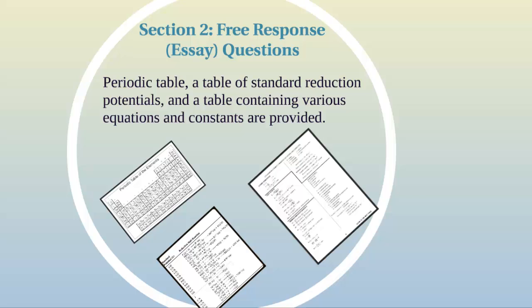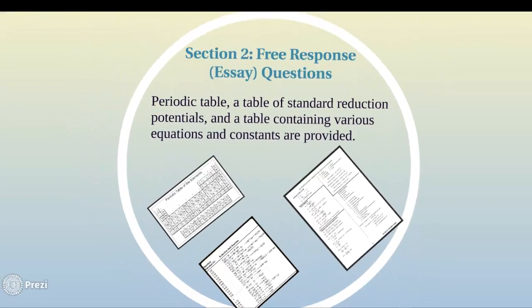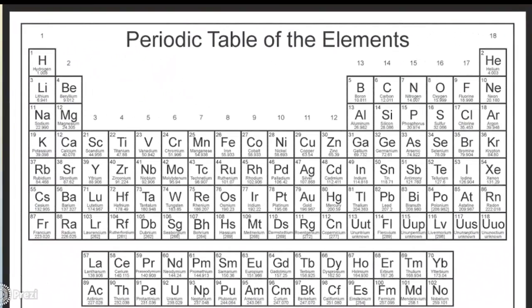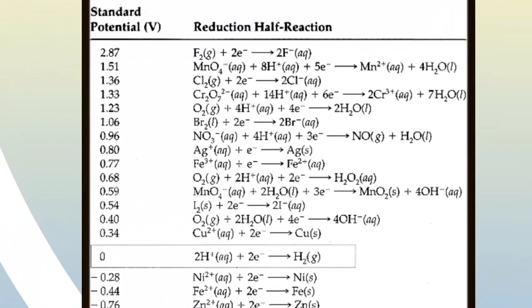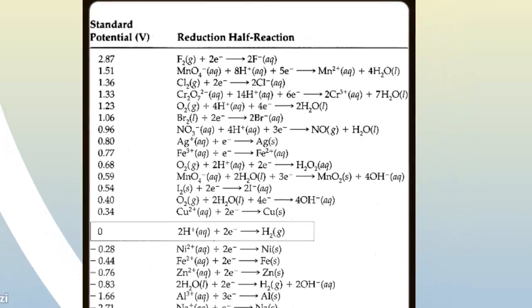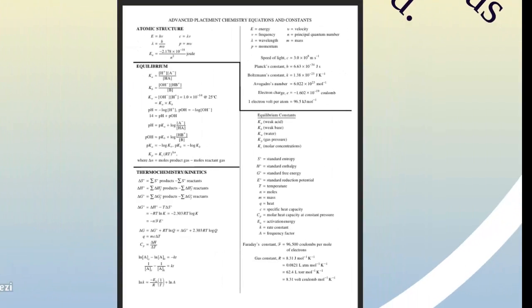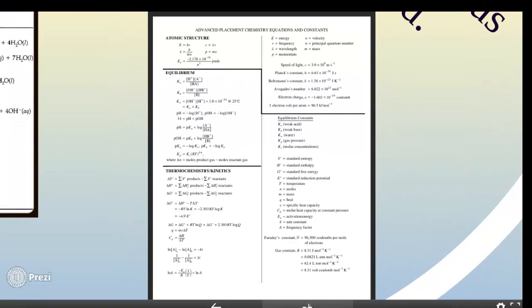Unlike the history exam, you are already given the information that you need for the AP Chemistry exam: a periodic table of the elements, a table containing standard reduction potentials of the specific elements, and a table containing equations and constants are supplied. The scientific calculator is allowed on the entire free response section of the exam.